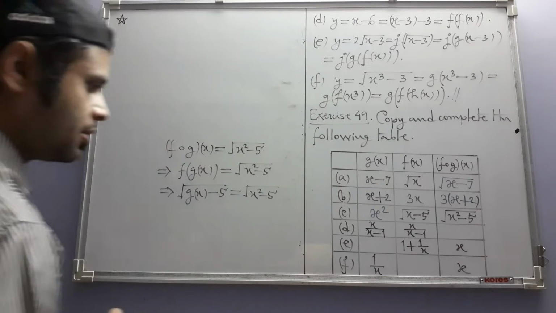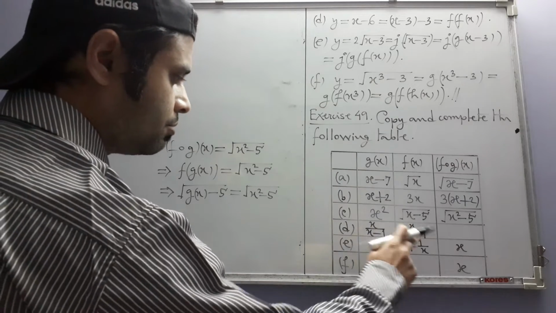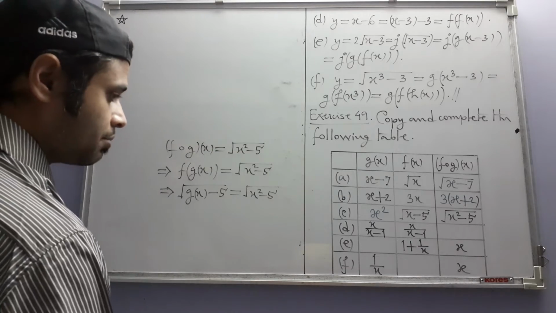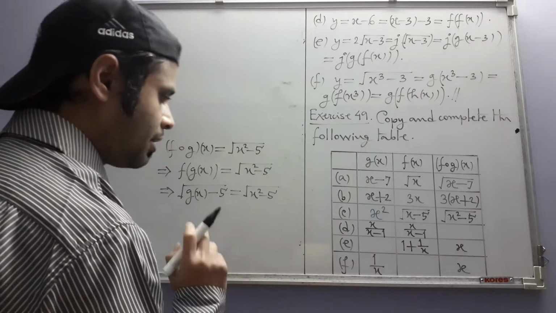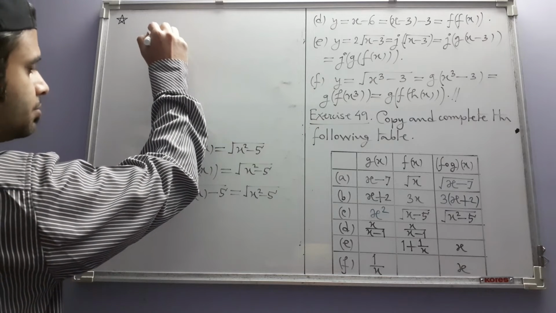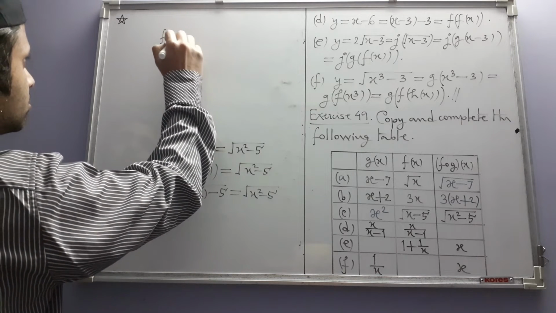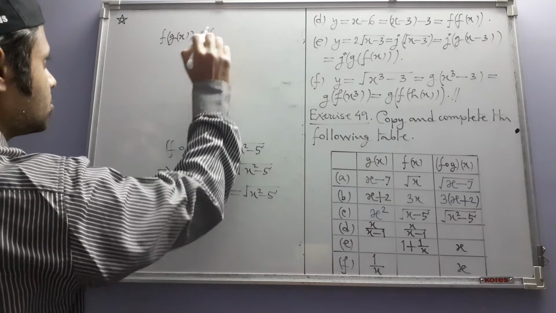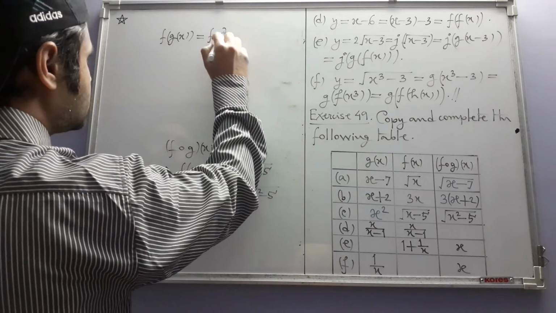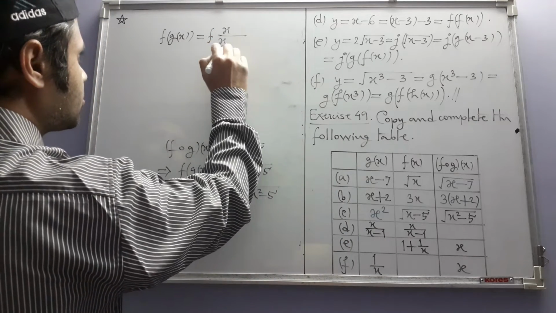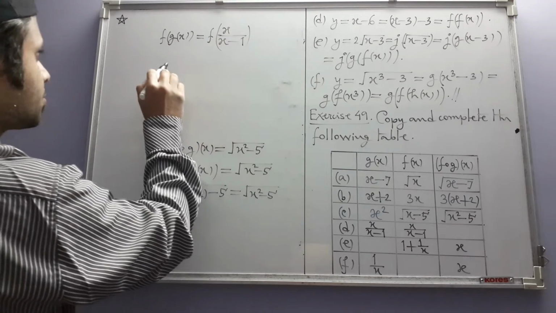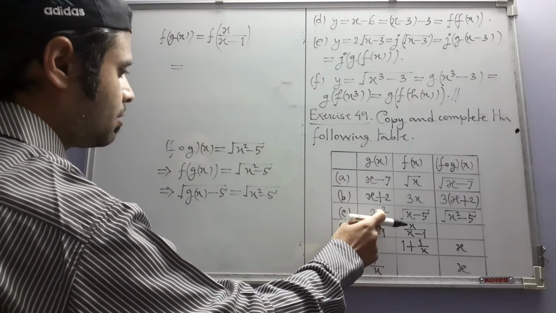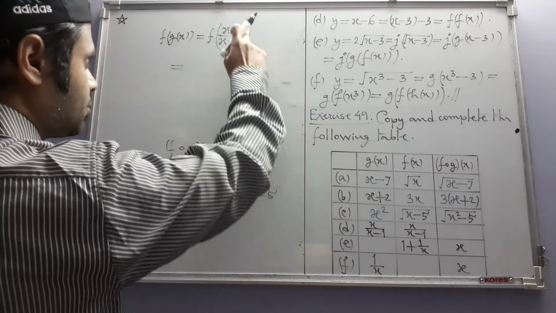Then what about this one? Here again, just like the first two, f and g are both given. So we can directly apply the formula, but be careful, f and g both have the same formula. So f of this, that is x divided by x minus 1. Now g is also that, so in place of the variable we have to put this expression.